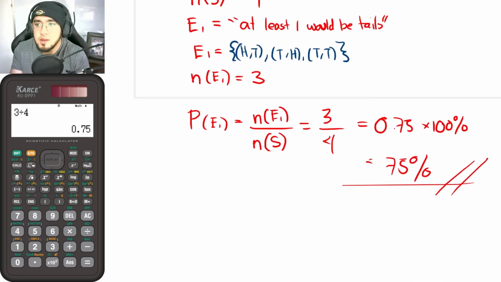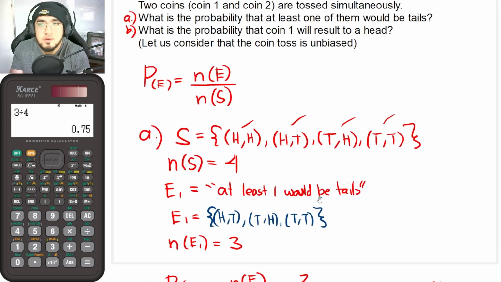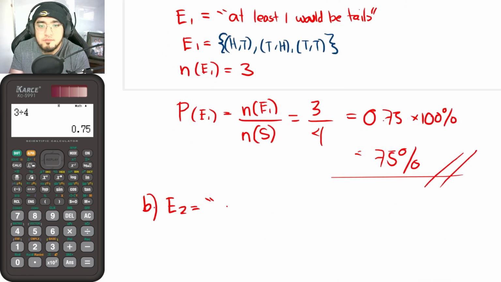Okay, so another thing, what is the probability that coin 1 will result to a head? So same old, same old. Suppose that for event number 2, let us say that event number 2 is the event that coin 1 is heads. Okay.